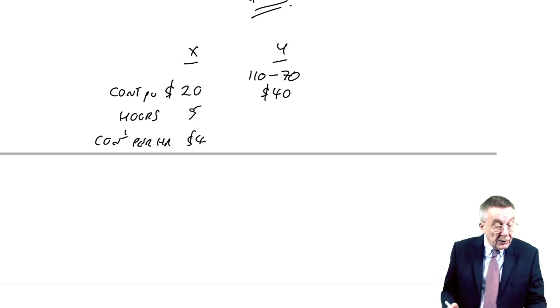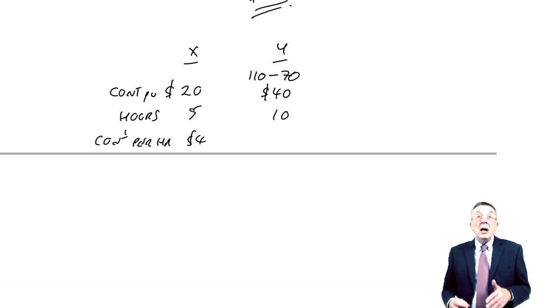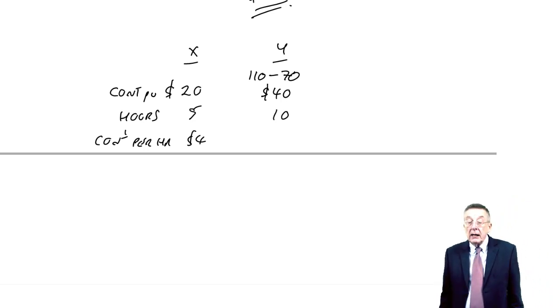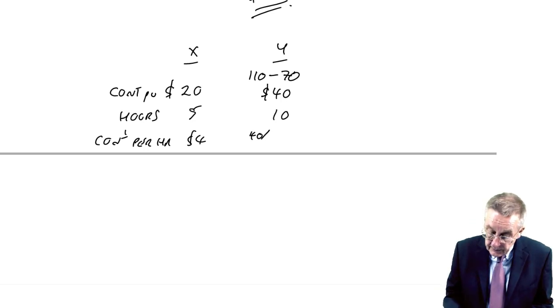How many hours does Y take? It takes 10 hours. And so if we do sell at 110, what's the contribution per hour? $4.